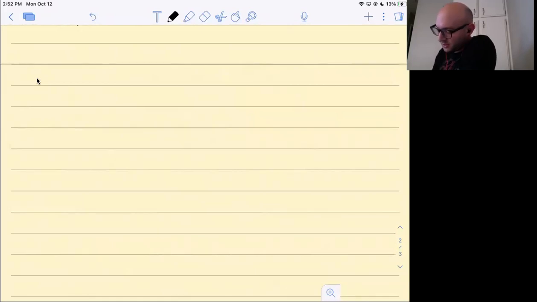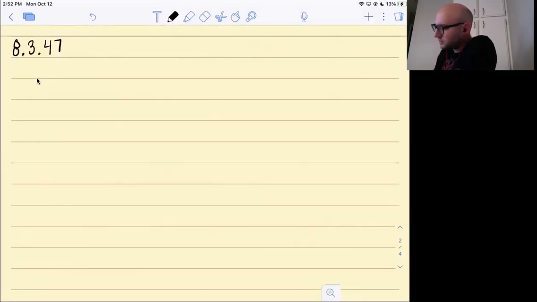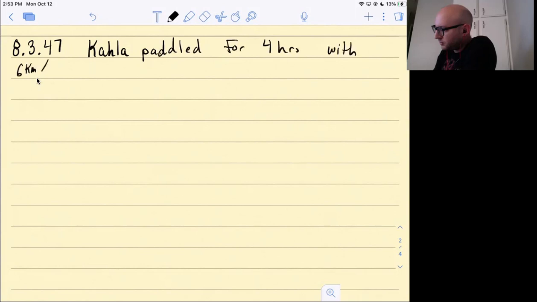Kayla, so this is 8.3, number 47. Kayla paddled for 4 hours with a 6 kilometer per hour current. This is going to be very similar to the airplane problem.